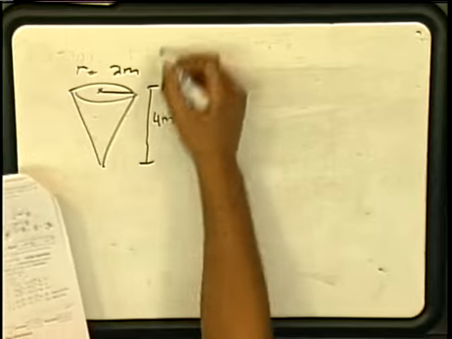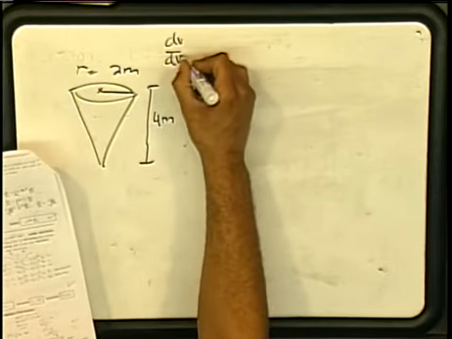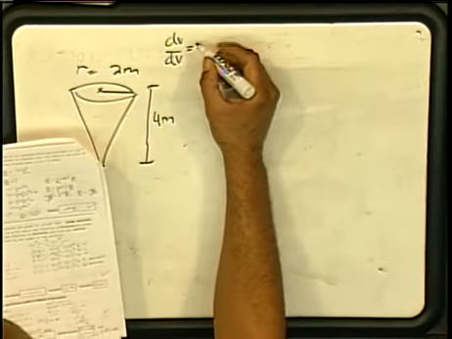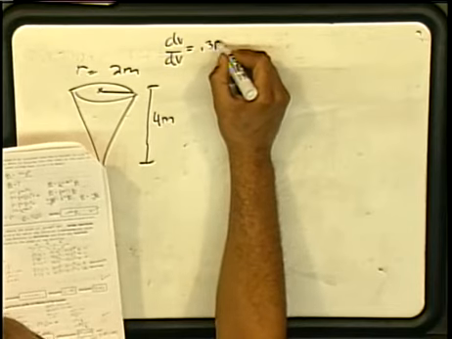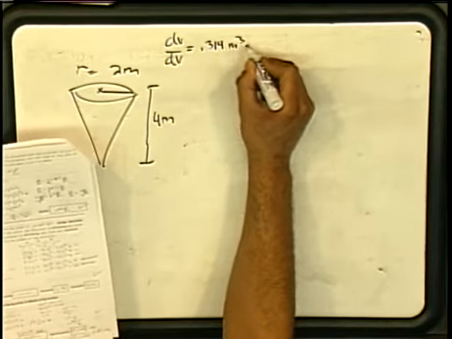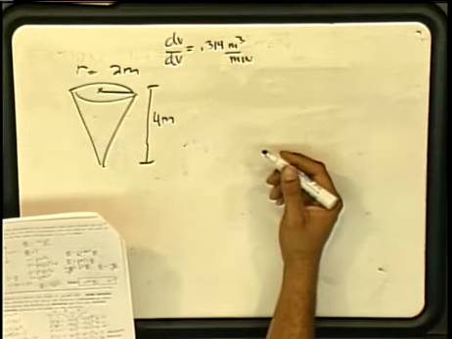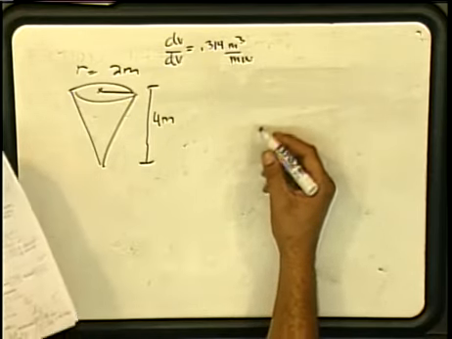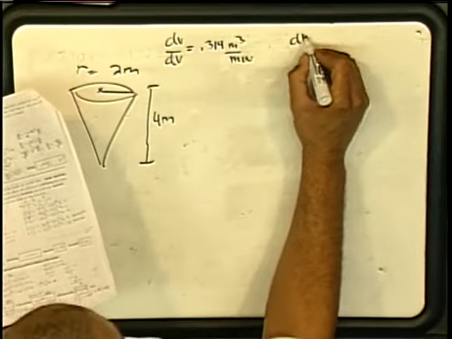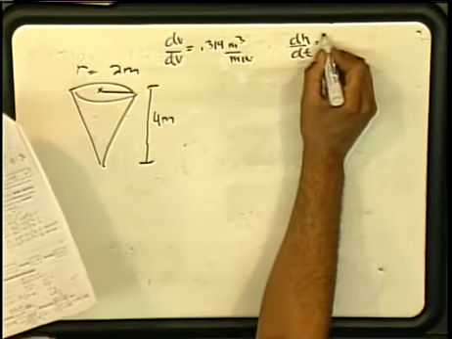Water is flowing into the tank at a rate of, so dV/dt, volume over time, is 0.314 meters cubed per minute. How fast is the level rising when it is 1 meter deep? So you want to know dH/dt.